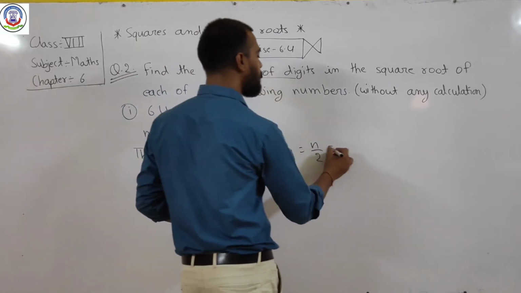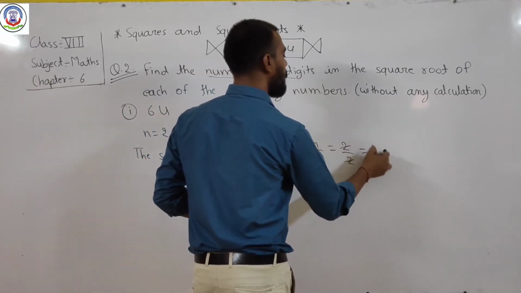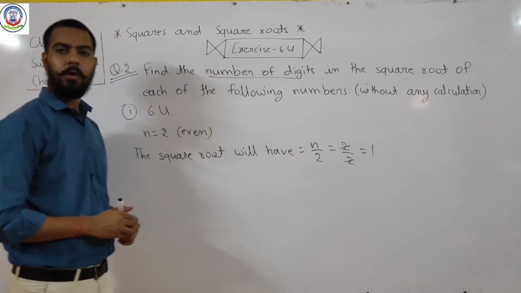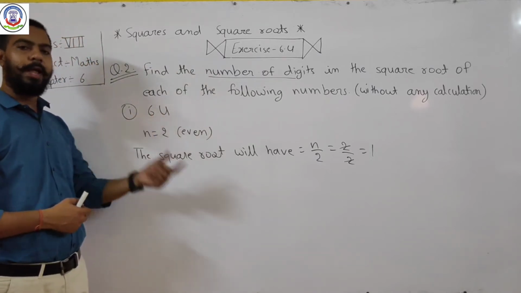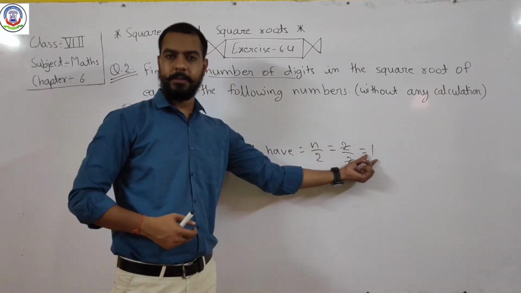N upon 2 means 2 upon 2, which means 1. That means the square root of 64 will have only 1 digit.